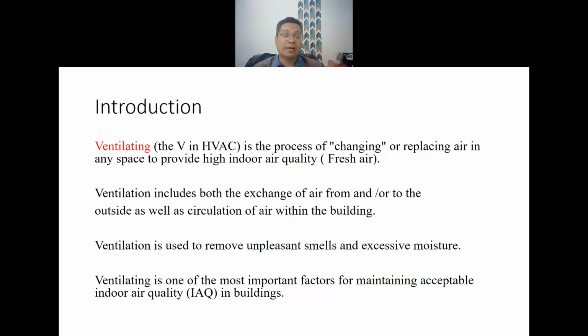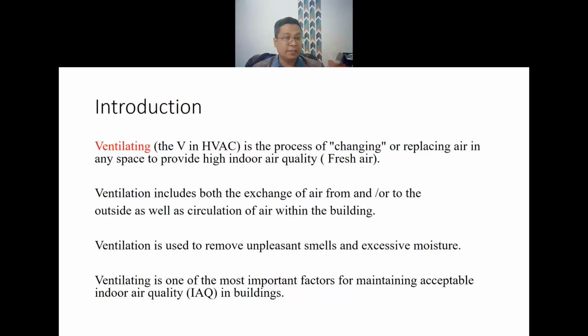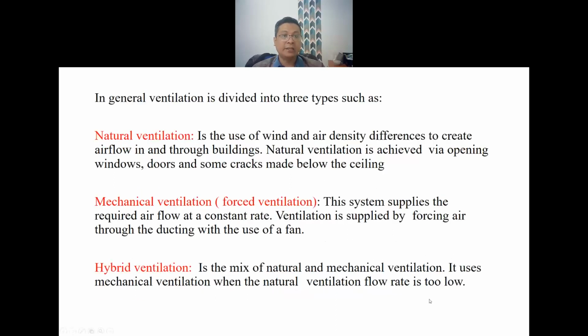So we cut off the unwanted particles from the outside, and also we control the moisture inside the building. Ventilating is one of the most important factors for maintaining acceptable indoor air quality in a building.